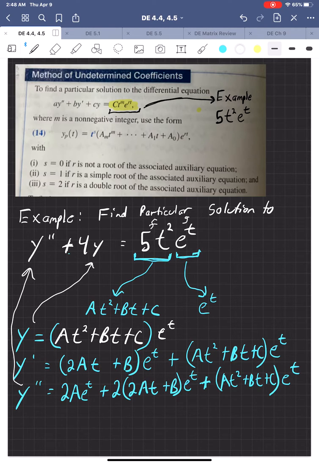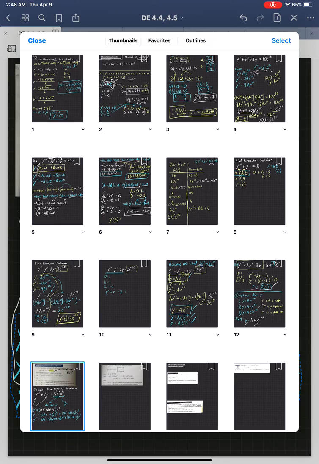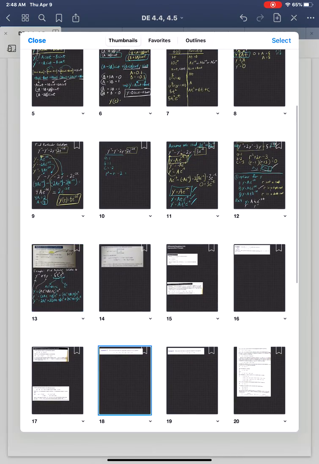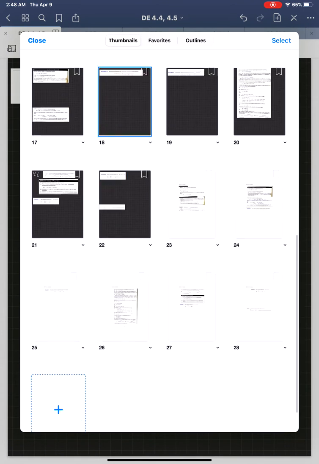So what I'm going to do is grab this information and go to the next page. Oh no, let me see. I think I ran out of blank paper, so bear with me.